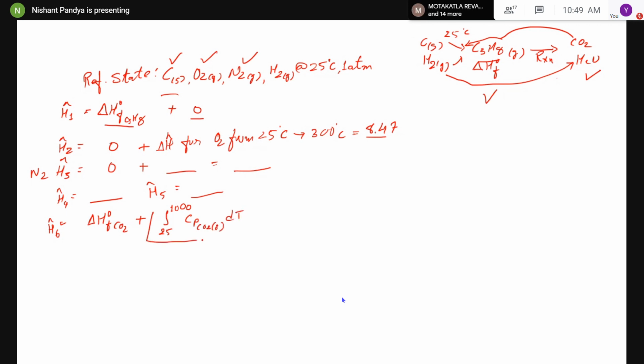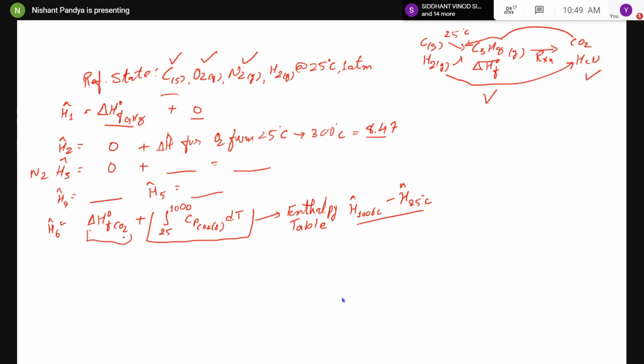This is optional: you can read the enthalpy data from the enthalpy table. You can directly read the value of H cap at 1000 degrees minus H cap at 25 degrees. This we did before, so you already have this value. This doesn't change. Only this value you need to take from the table.